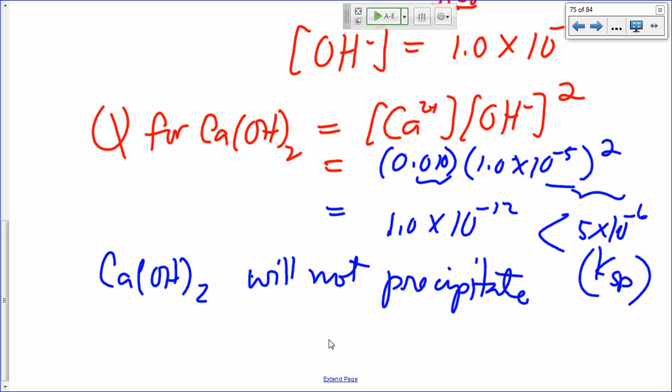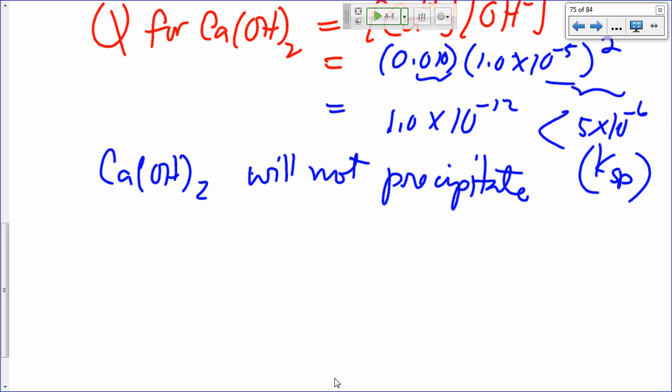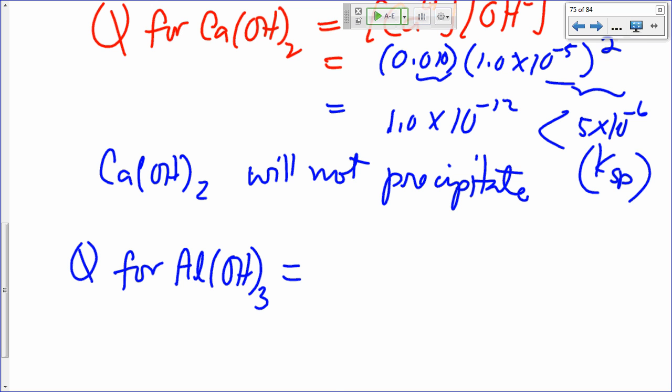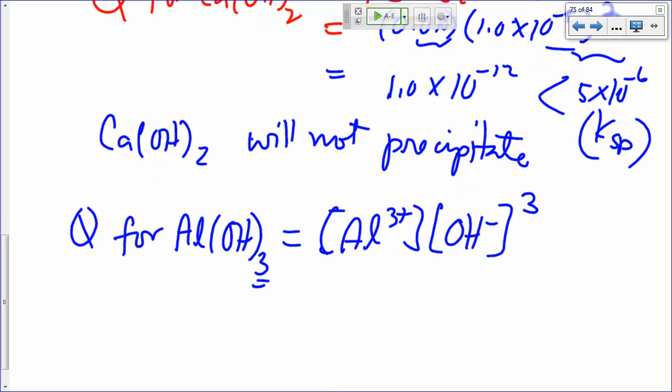You can do a similar calculation for aluminum hydroxide. And let's see if it will precipitate. So Q, the ion product for aluminum hydroxide, equals aluminum concentration times hydroxide concentration, but this time it's going to be cubed, right? Because you have 3 ions of hydroxide in your aluminum hydroxide.